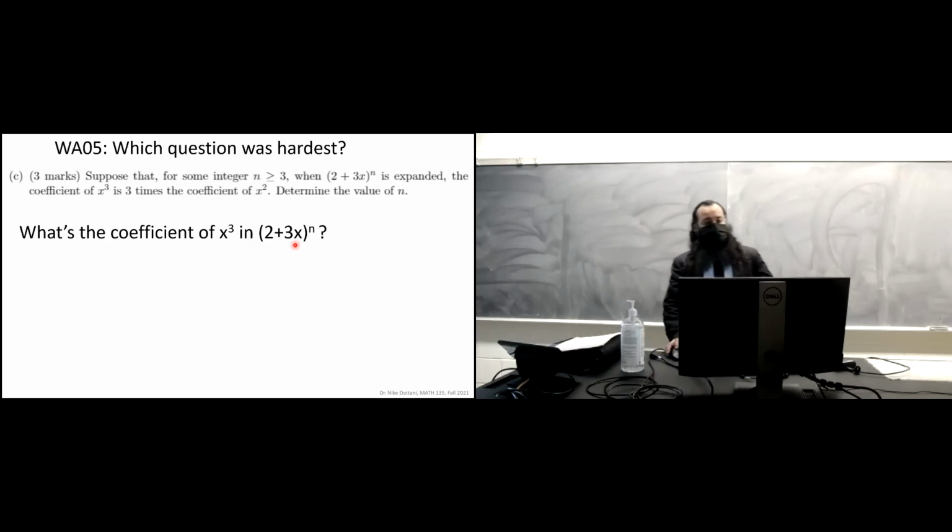Okay, you guys don't know how to get the coefficient of x cubed in 2 plus 3x to the power n? We used to use the binomial theorem, right? You use n choose r, x to the power n minus r, times y to the power r. So here x is 2 and you can take 3x as the y term. So your coefficient would be n choose 3, times 2 to the n minus 3, times 3 cubed, because you set r to 3.